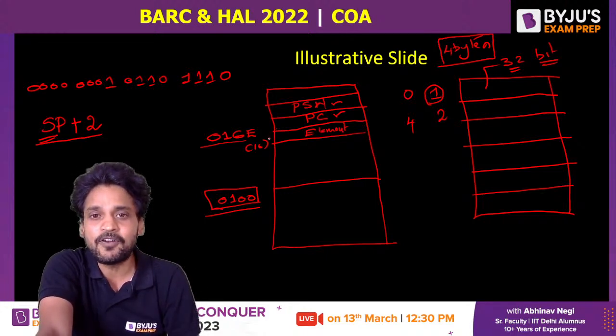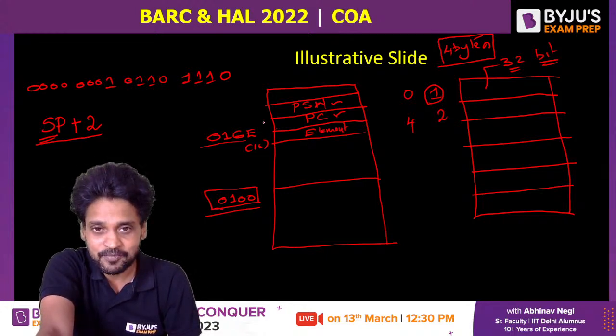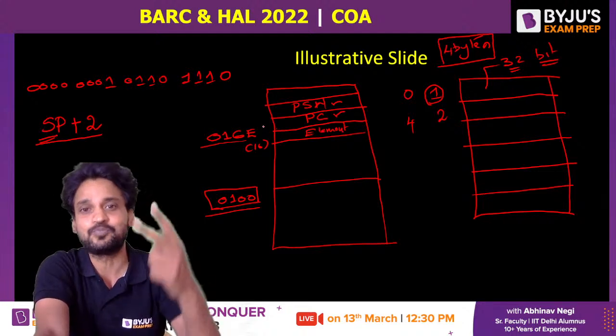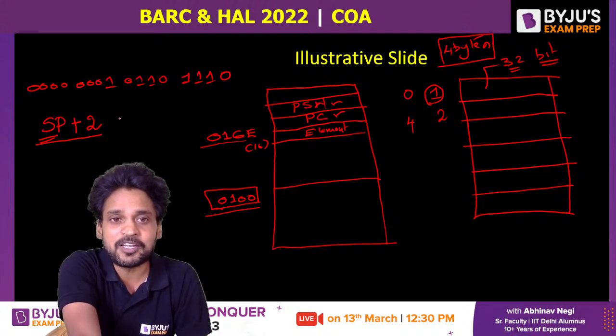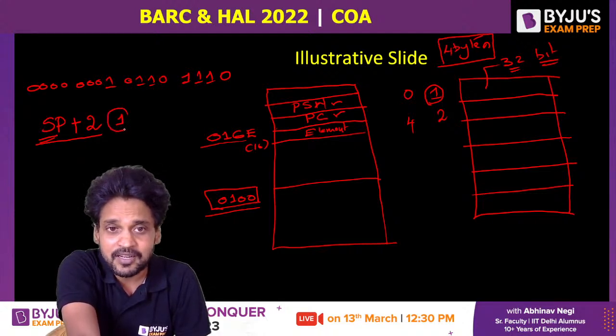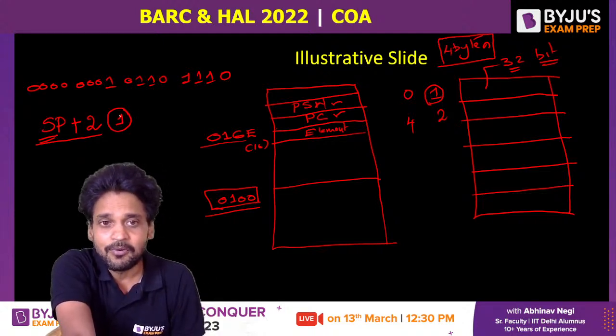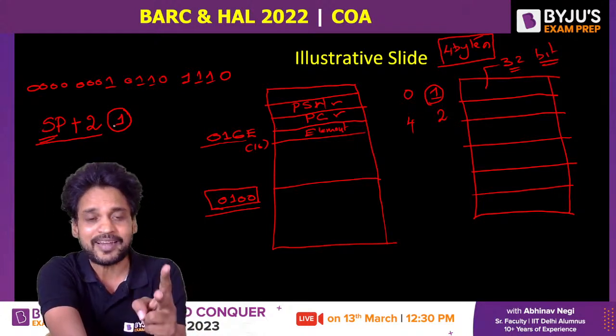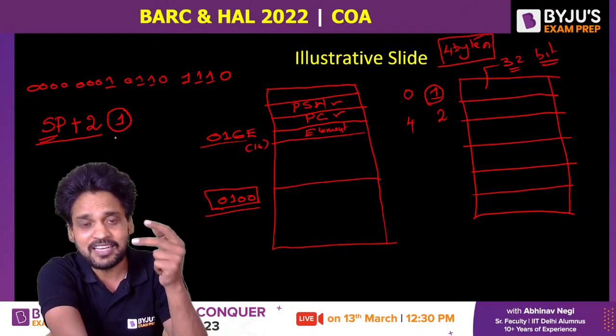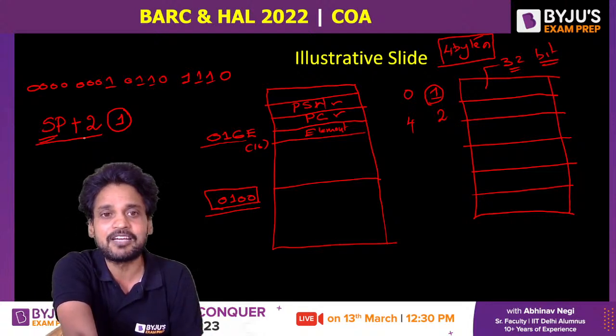If you want to move from one location to another location, there will be a displacement of 2. That is, when you push one element into the stack, it will be stack pointer plus 2. It is just for one element, because one location in the main memory is 16 bits, that is 2 bytes. As each and every byte is given an address, stack pointer will be stack pointer plus 2 in case of just one element.